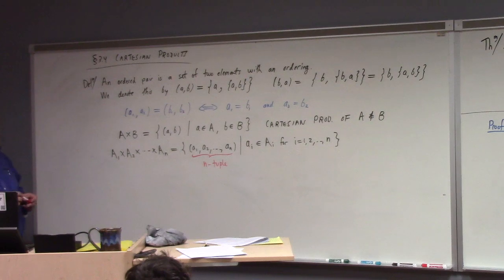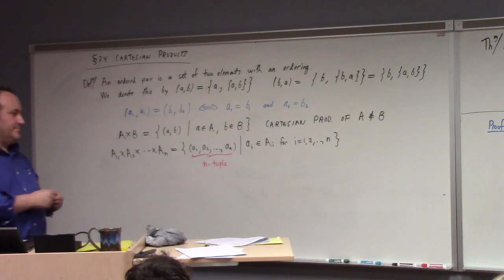Two n-tuples are equal if and only if they have matching components everywhere.